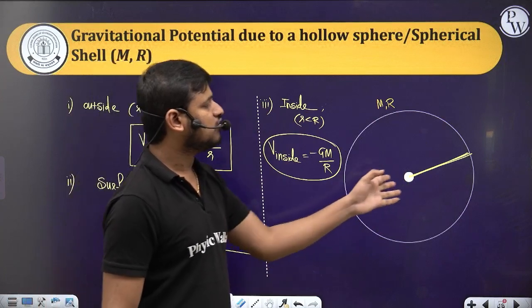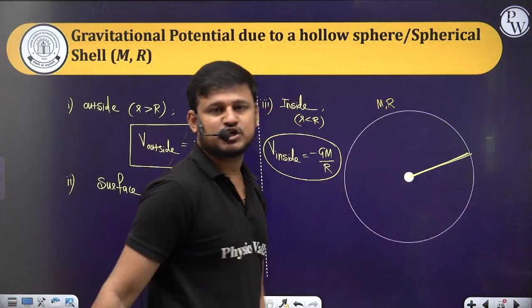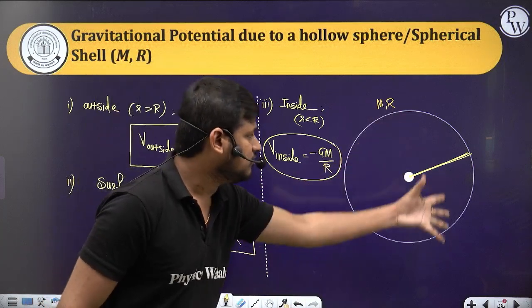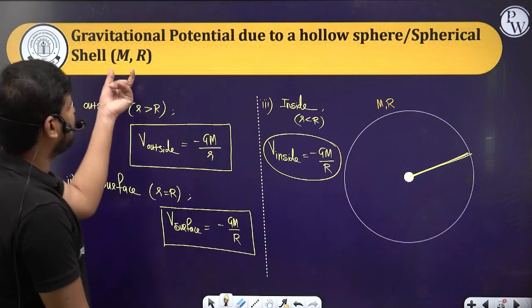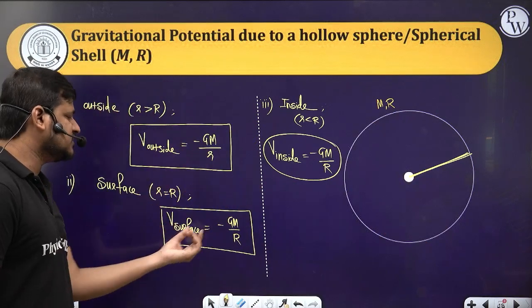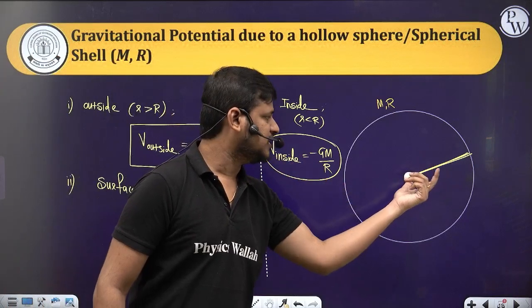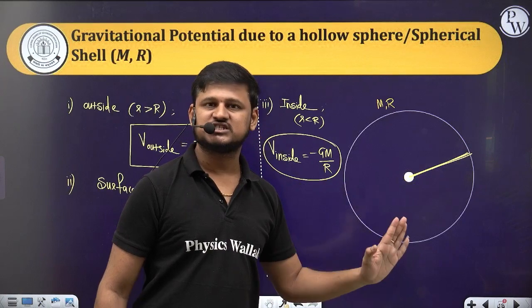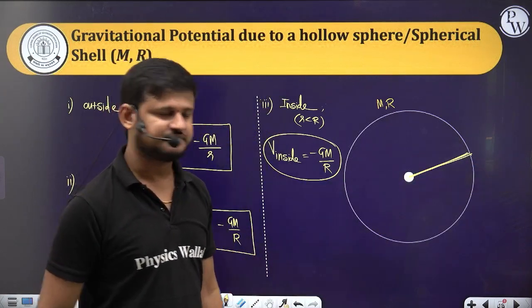So this is also called the equipotential surface. This whole thing is an equipotential, means the potential is same inside the spherical shell, which is of mass M and radius R. So outside it is inversely proportional to r, on the surface it is capital R, and inside also it is capital R only. So from here to here it is constant, and then from here it decreases.